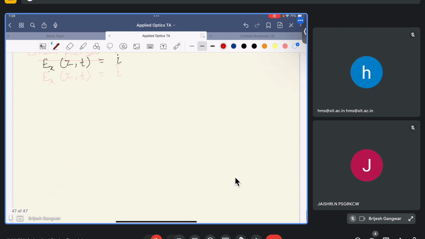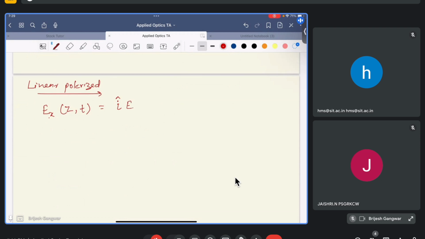So this will be E0x cos(kz minus omega t). Similarly you can write another one, this is only vibrating in the y direction, so this will be Ey, and this is cos(kz minus omega t).